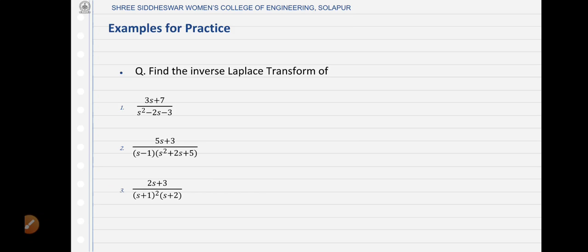If they are equal, then and then only we are on the correct track to find the inverse LT. So this method is very important as far as the inverse Laplace transform concept is concerned. So this method is very important from exam point of view.